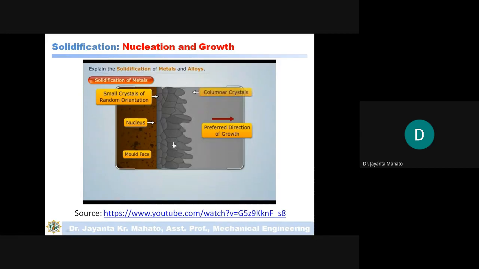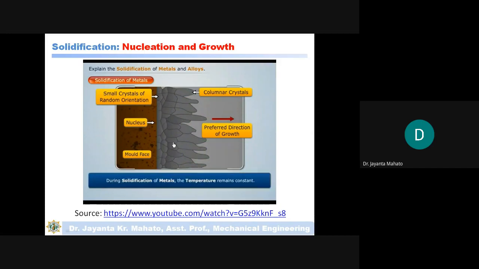Having their axis perpendicular to the sides of the mold. Thus, the shape of the molten metal crystals formed will be as shown. Note that during solidification of metals, the temperature remains constant. This can be represented graphically as.